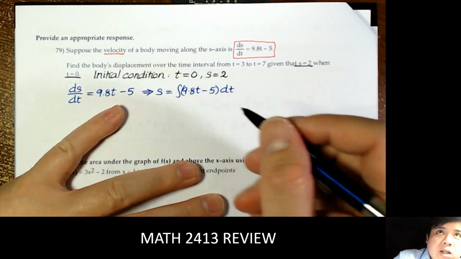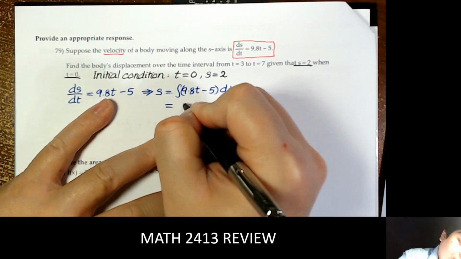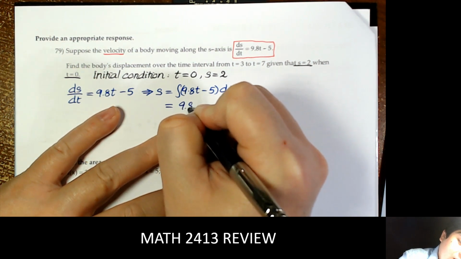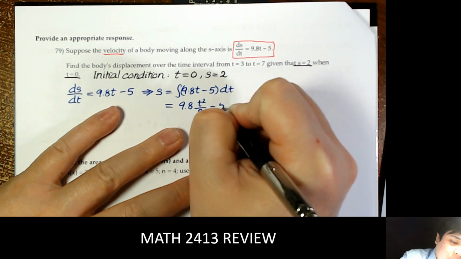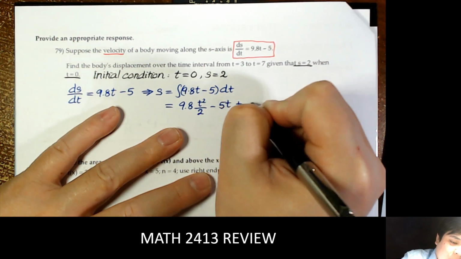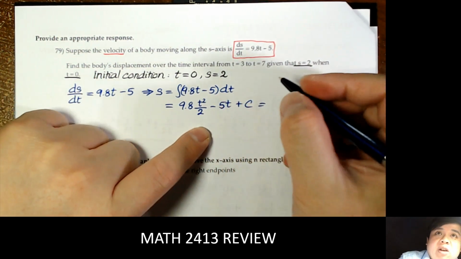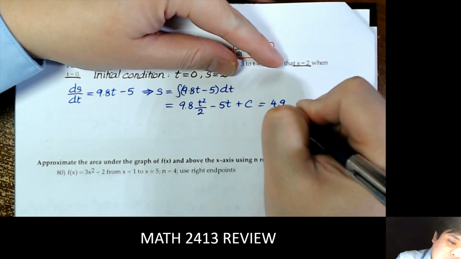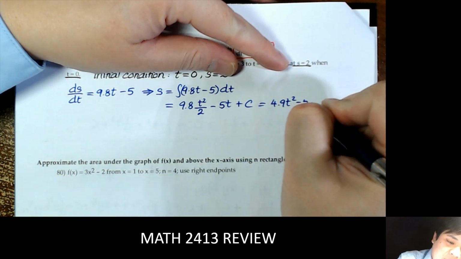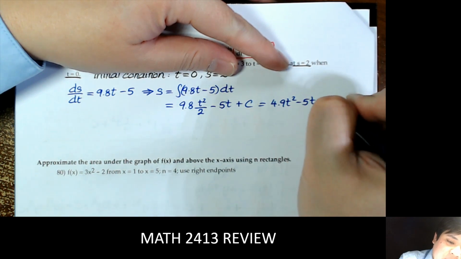And that gives us 9.8t squared over 2 minus 5t plus c. 9.8 divided by 2 is 4.9t squared minus 5t plus c.